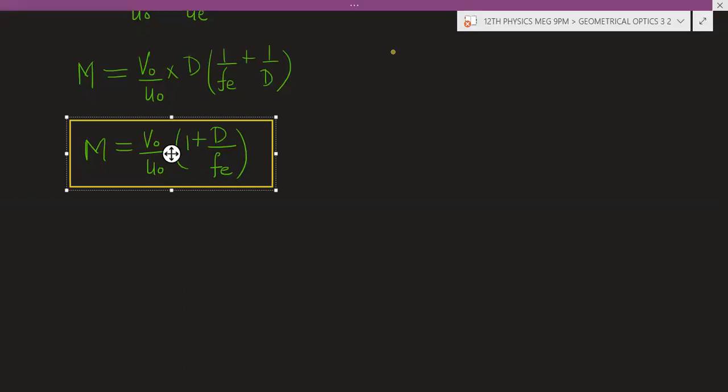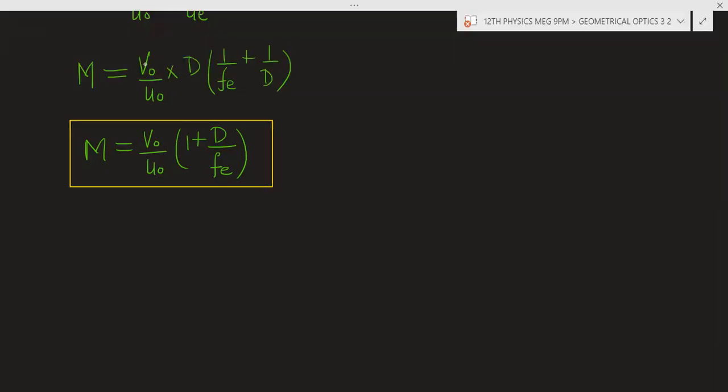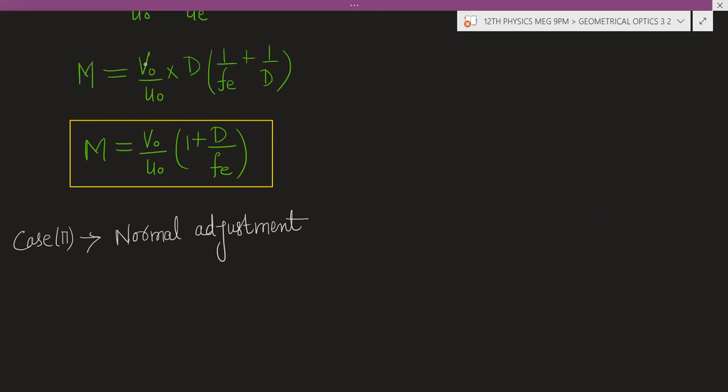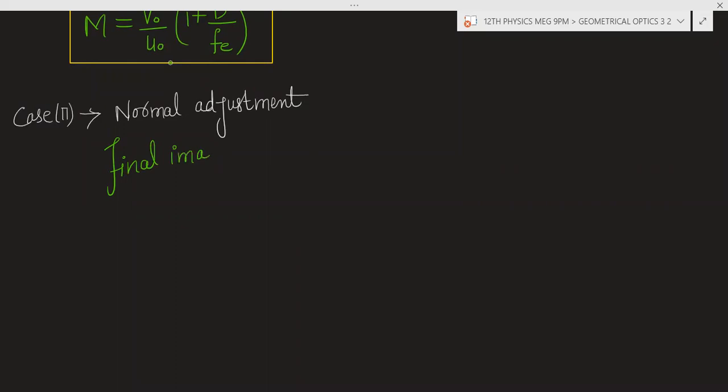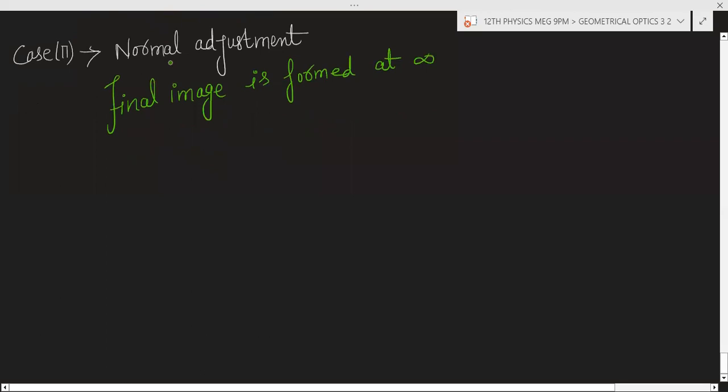Now for the normal adjustment. In case of the normal adjustment, the final image is formed at infinity.